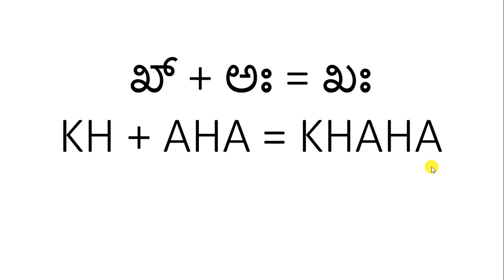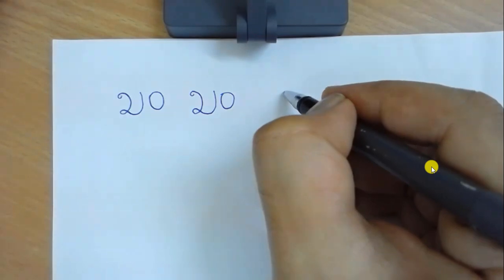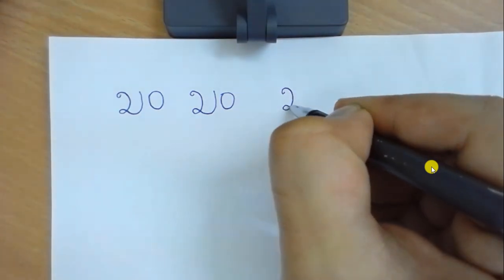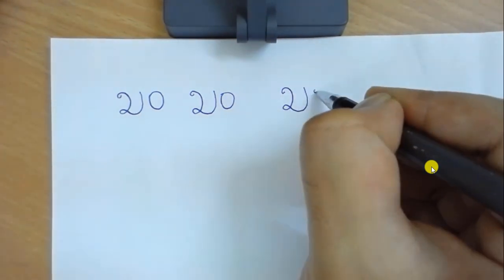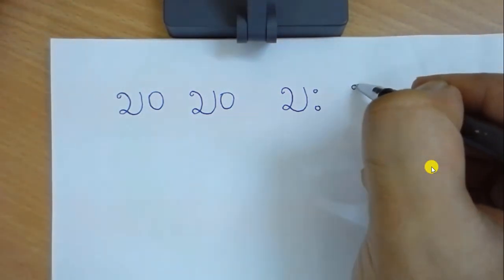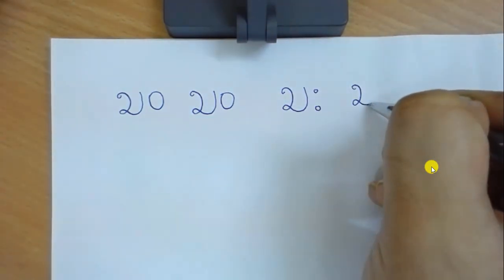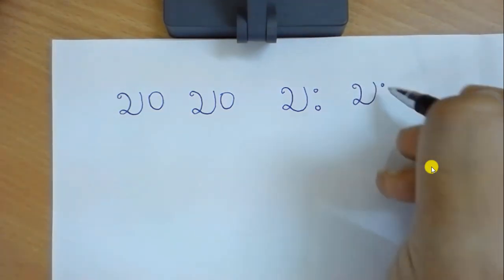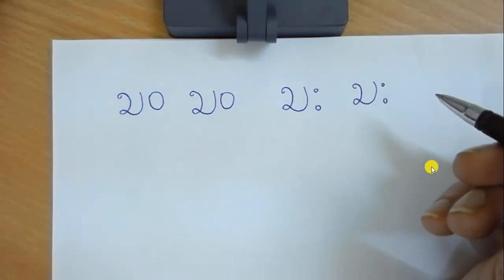There is no English word where we use this. So let us proceed and see how we write it. So we write it like this, k and two small circles next to it. Okay. K plus two small circles will get you Khaha. Okay. So that is the last sound.